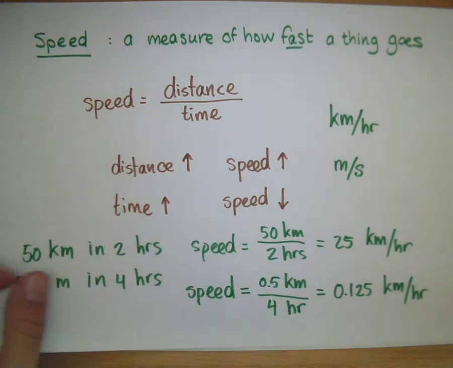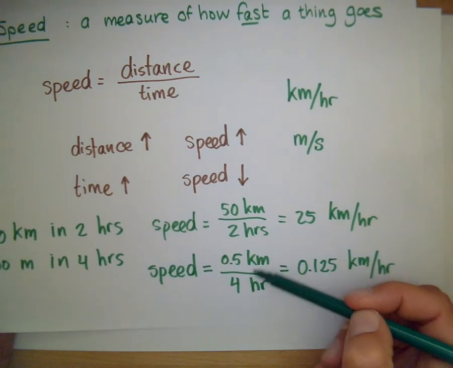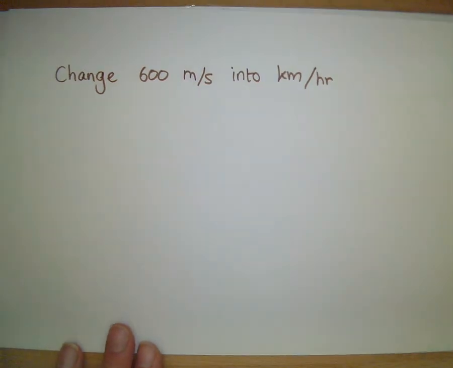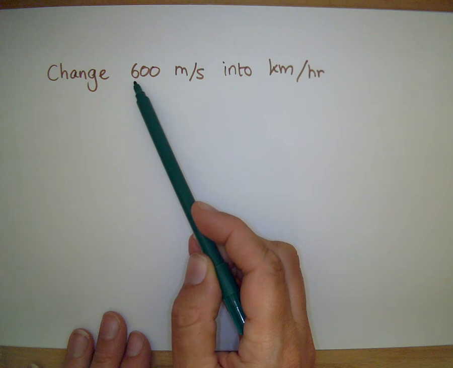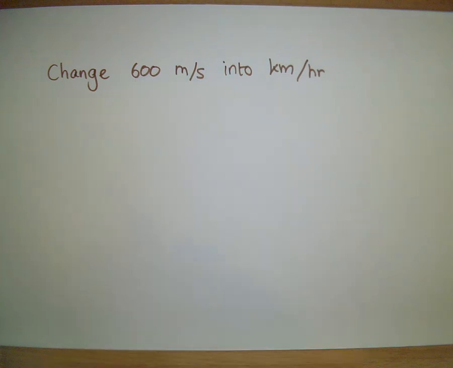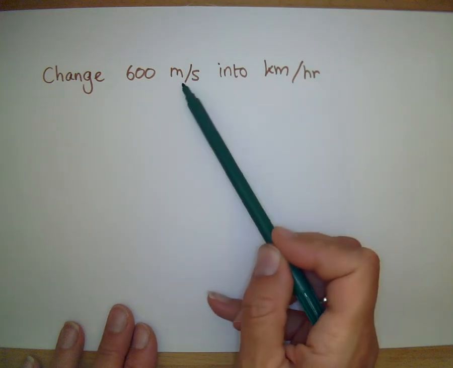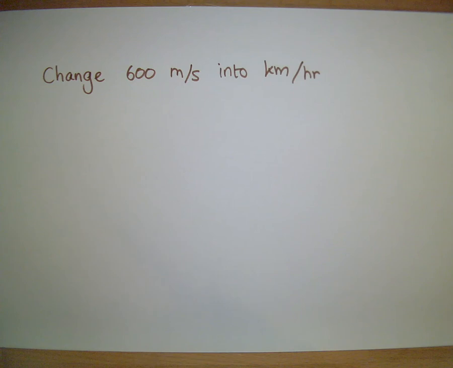Now, things can get a little more difficult if there's actually 2 units that we need to change. Let me give you an example. Say our speed is 600 meters per second, and someone asks us to give that speed not in meters per second, but in kilometers per hour.